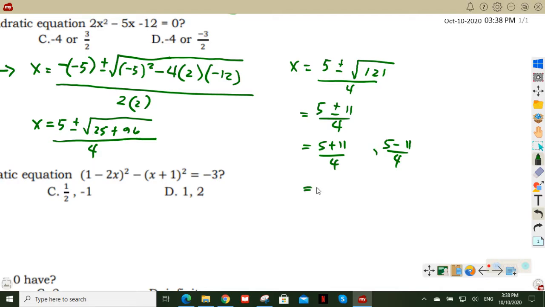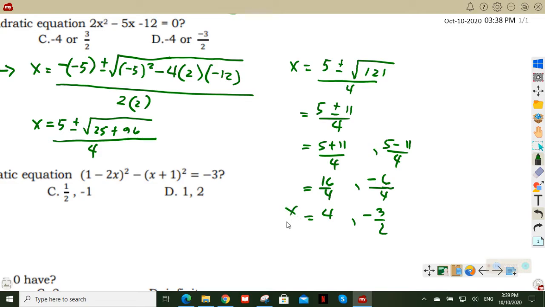So 5 plus 11 is 16 over 4, and this is negative 6 over 4. So 16 over 4 is 4, and negative 6 over 4, I'll reduce to the lowest term, that's negative 3 over 2.